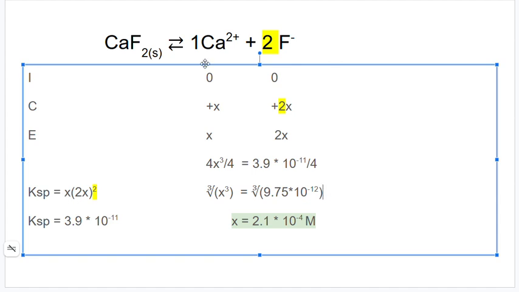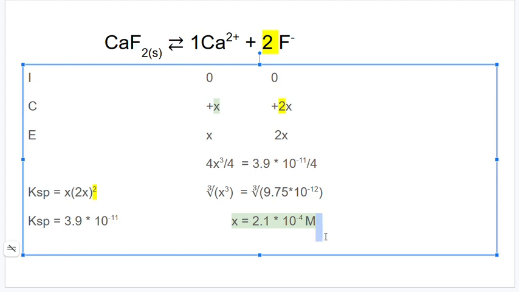But that's how I set this up. I got my Ksp from the ICE table. I set it equal to my other Ksp. I solve for x, how much the equation changed. That x is what my molar solubility is, or how much my solid dissolves.